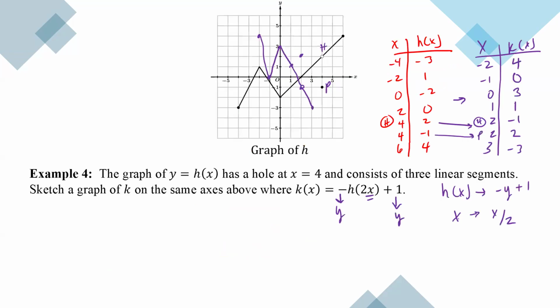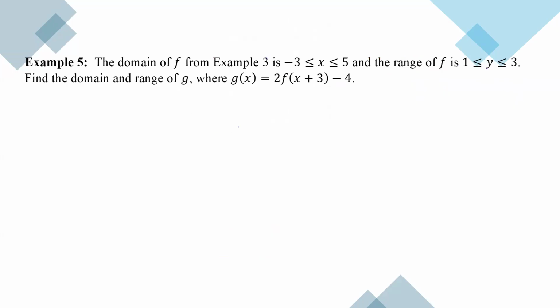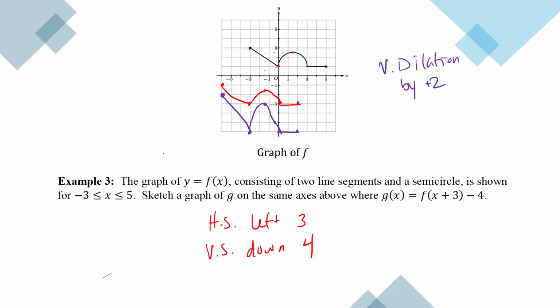So number 5, it says where g of x is 2 times the transformation of x plus 3, minus 4. What's the domain and range of what we just did? Well, our domain was the same as our original transformation, which is from where to where?